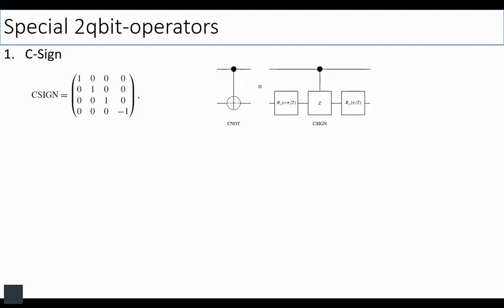So this matrix would be the following: Ry of minus pi over 2. And this is a 2 by 2 matrix, so here would be zeros.